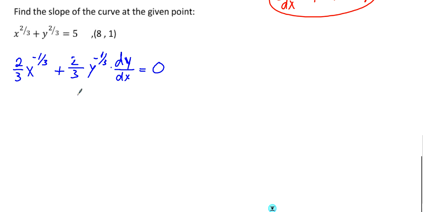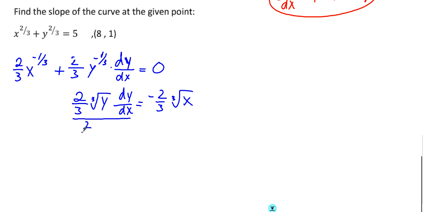So I'm going to rewrite it as 2/3, and this is the cube root of y, dy over dx equals negative 2/3 cube root of x. You'll see why in just a minute.